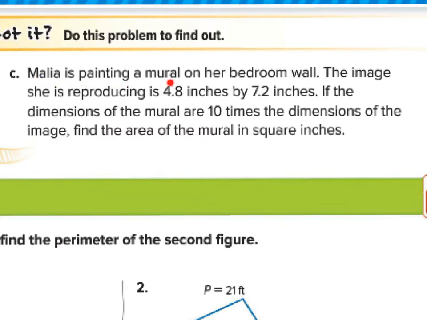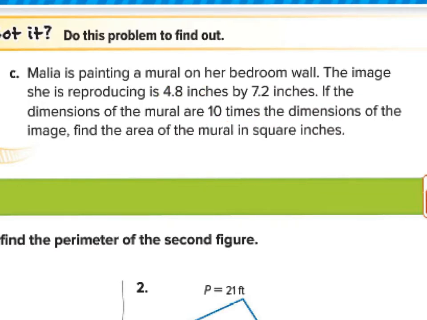Malia is painting a mural on her bedroom wall. The image she is reproducing is 4.8 inches by 7.2 inches. If the dimensions of the mural are 10 times the dimensions of the image, find the area of the mural in square inches. Okay, so it's 10 times the dimensions.